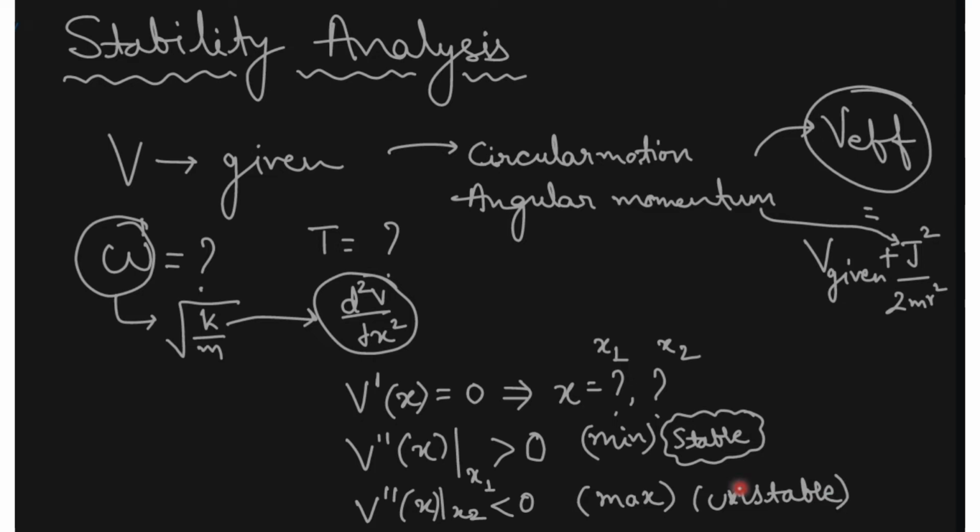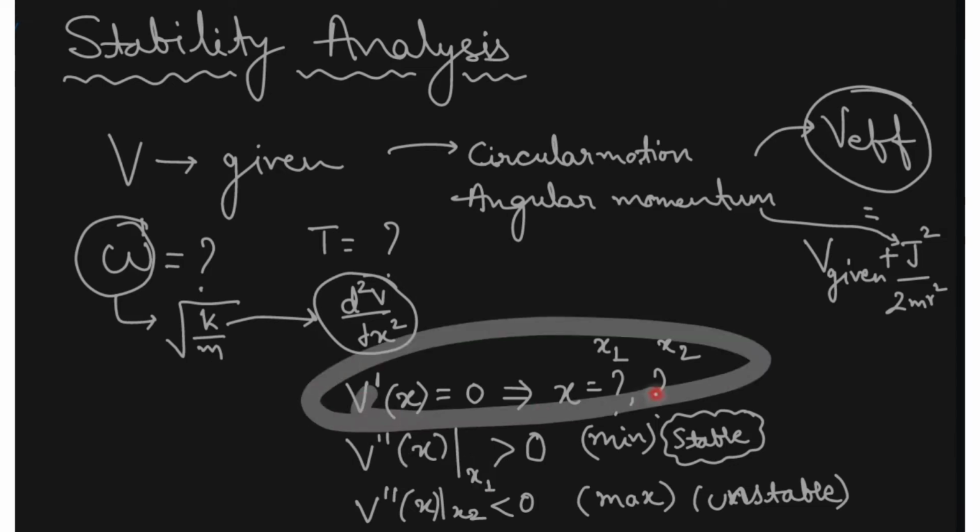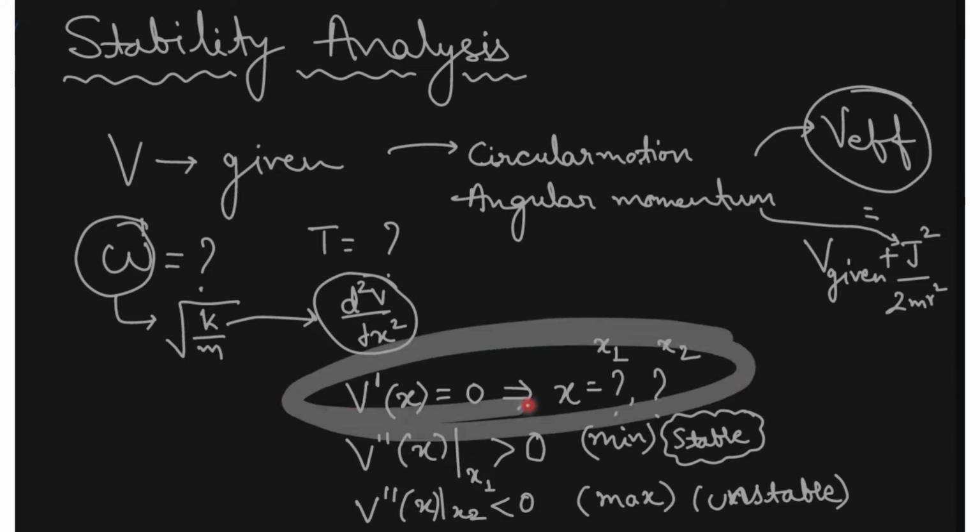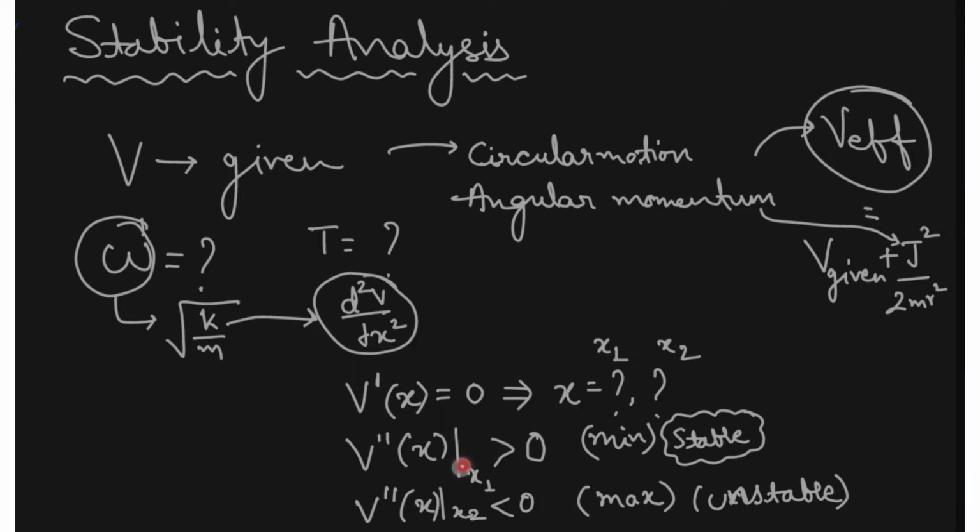Done? Now how to memorize these conditions, let's talk about that. V double dash value is greater than 0 at some values of x, which we got as the equilibrium points. At one of these equilibrium points, the second order derivative will be greater than 0. That means a minima exists there and they are stable equilibrium points.